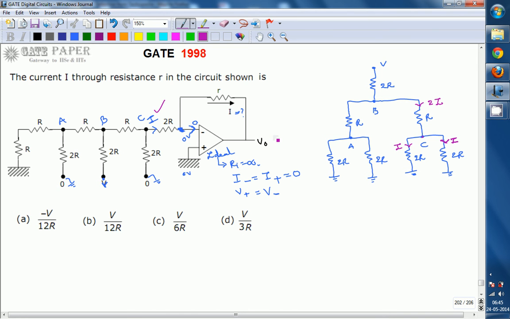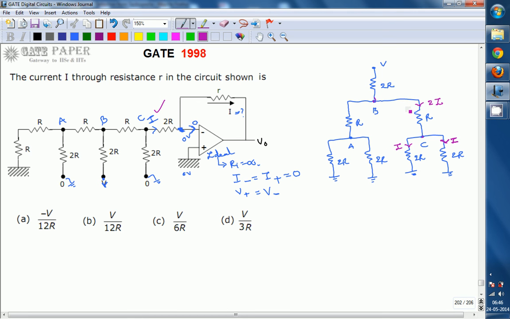And if you observe, node B is going to be common. From node B to ground, towards the right side and towards the left side, both are going to have the same equivalent resistance.